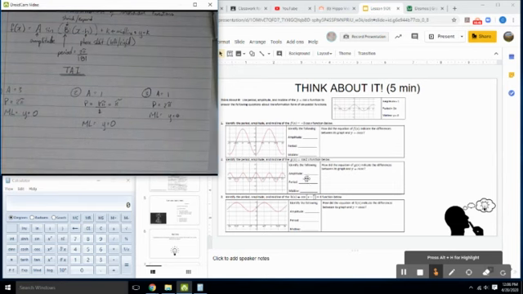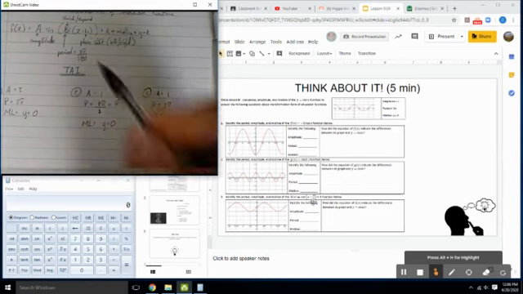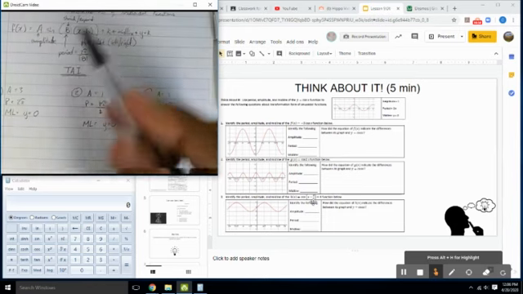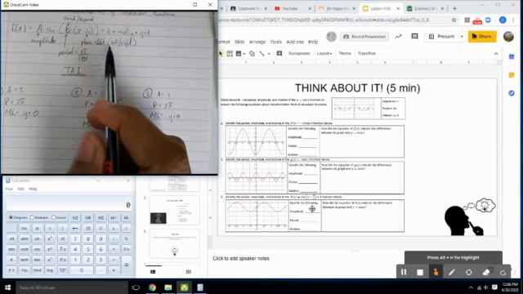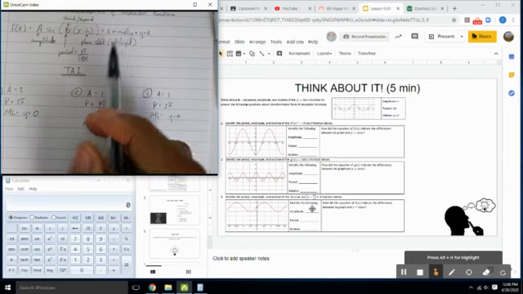And the next thing is the h value. The h value says it's pi over 2. So that would mean that there is a phase shift to the left by pi over 2.